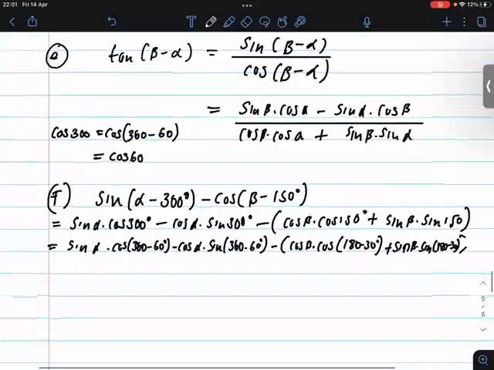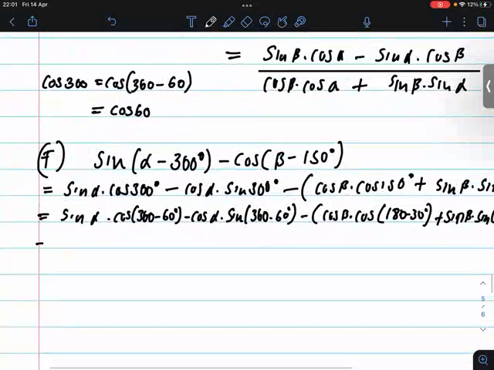And now we can simplify these things. This is the same as sine alpha. Cos is positive in quadrant number 4, so that would be just cos of 60, minus cos alpha. And now, 360 minus 60 is quadrant number 4, but sine is negative.